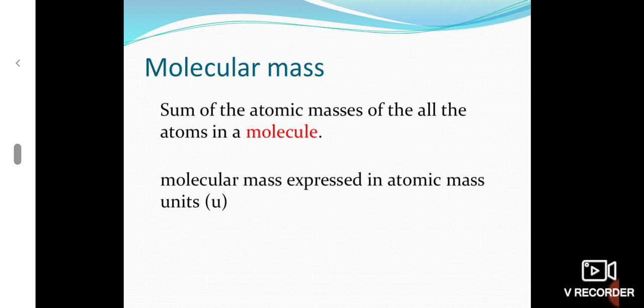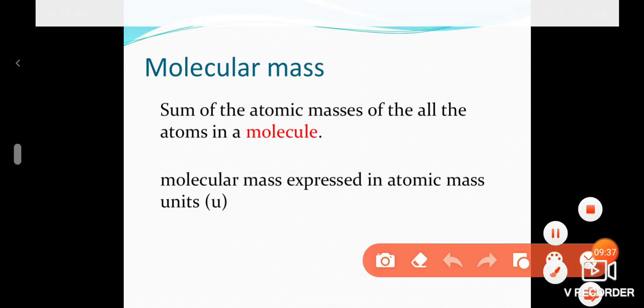So how do we calculate the molecular mass? Sum means addition of all the atomic masses of all the atoms in a molecule. So simply, the molecular mass is the sum of the atomic masses of all atoms in a molecule.